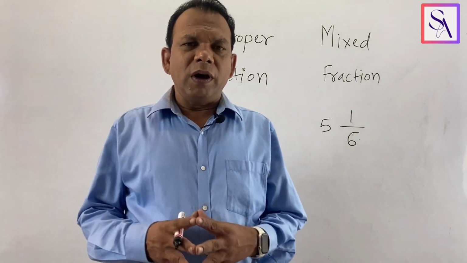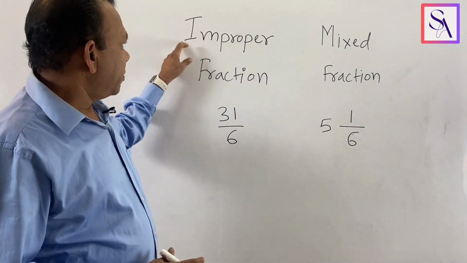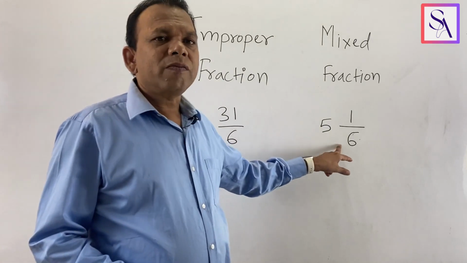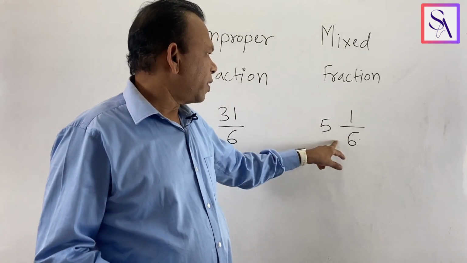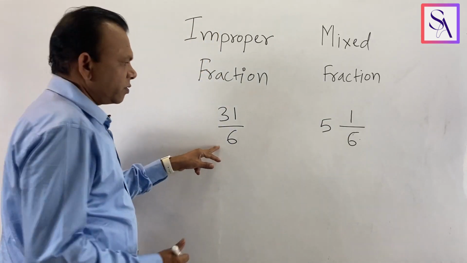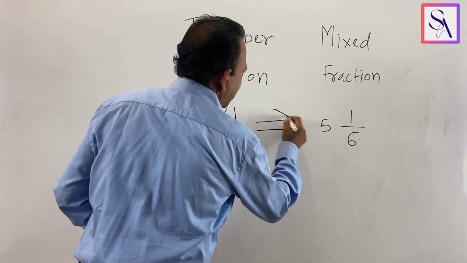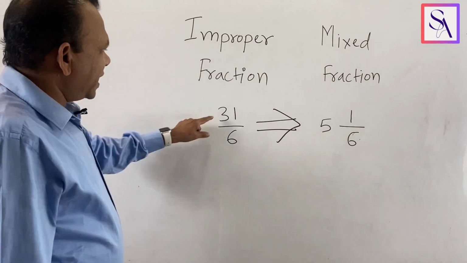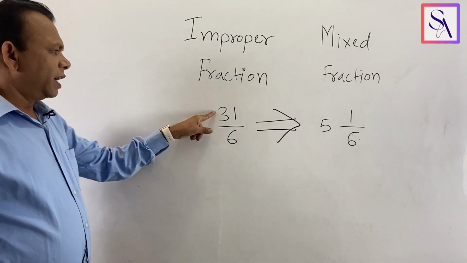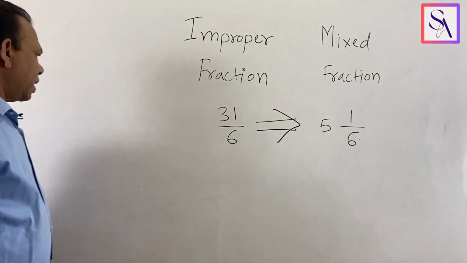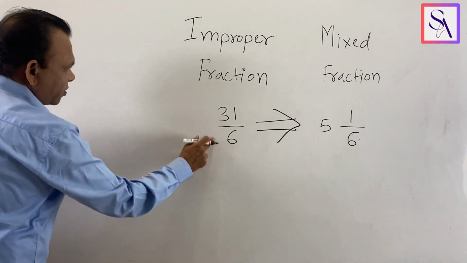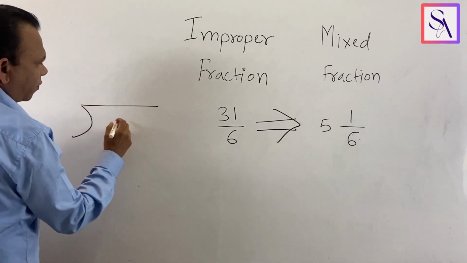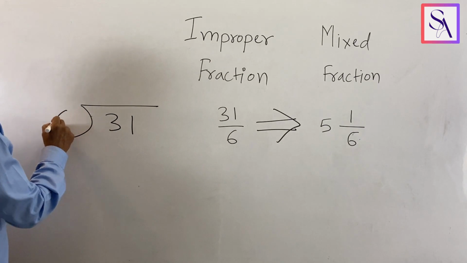Now we are going to learn how to convert improper fraction into mixed fraction and mixed fraction into improper fraction. So we are converting this fraction into this. We know that 31/6 is nothing but 31 divided by 6. We can write this fraction in our regular division form, that is 31 divided by 6.